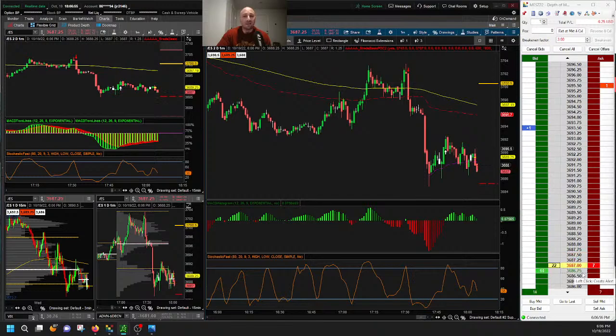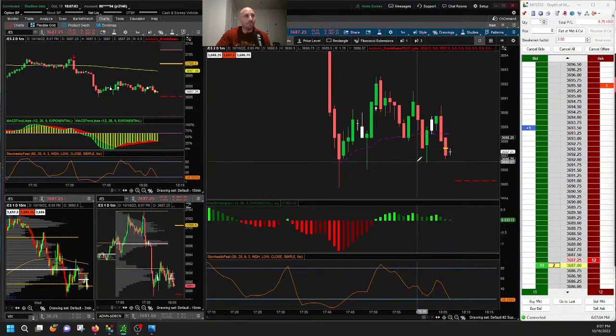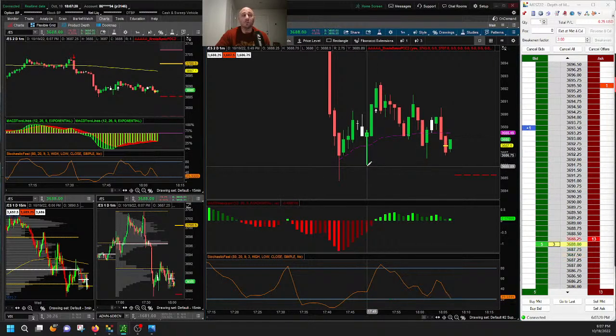It's just understanding how it all works. So here, we either need to take out this low. If we take out this low, we're probably going here. If we reverse and take out this high, we're going higher. Now, could we take this trade and use that as a stop loss all day long?